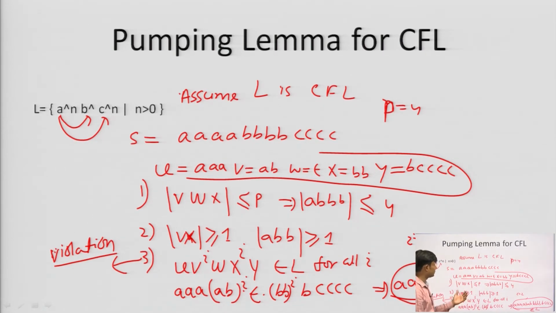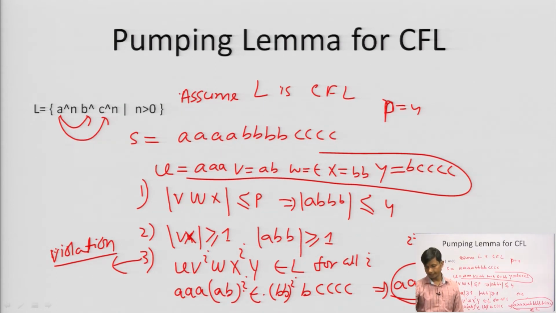Like that you can prove all the languages which are not context free. You just assume it, take a pumping length, find a string, then check it, and if you get the contradiction, then the language is not context free.